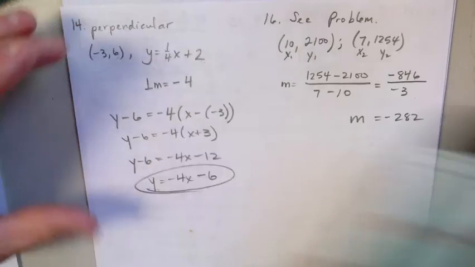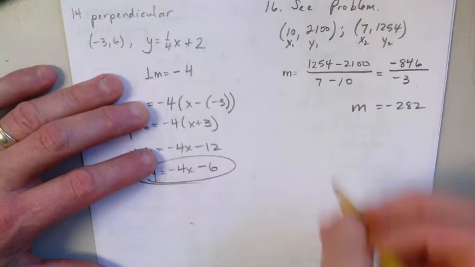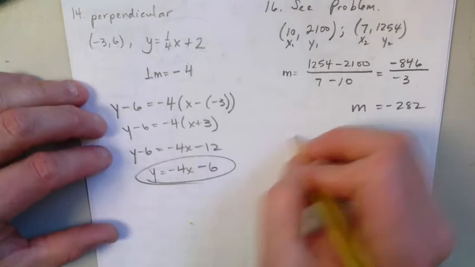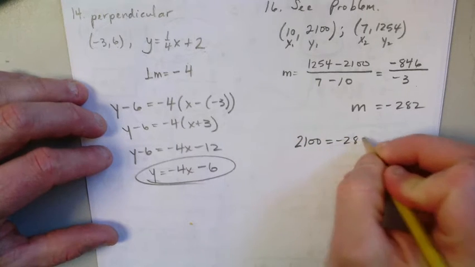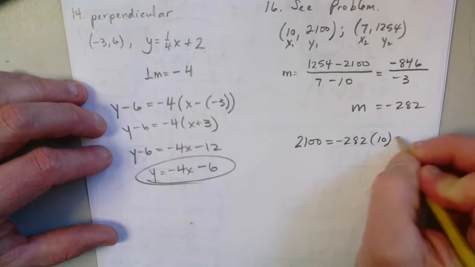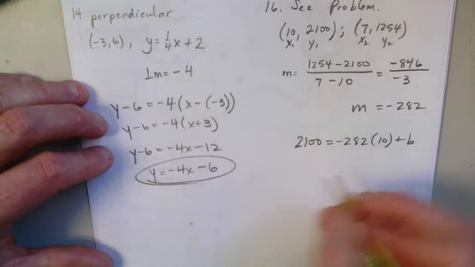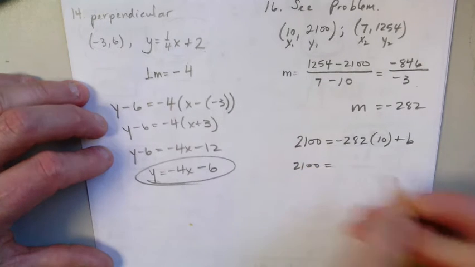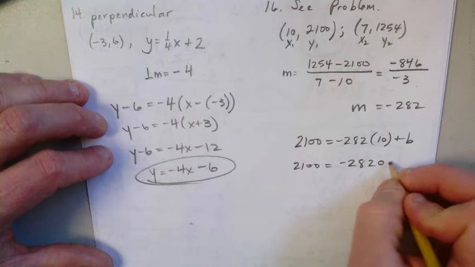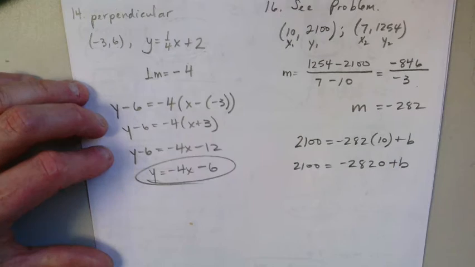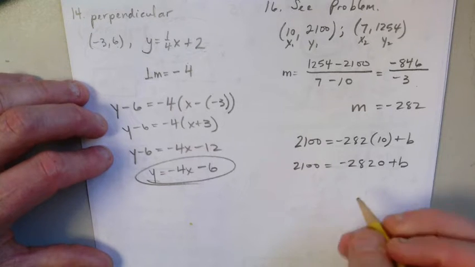Okay. Now, from there, I'm going to go ahead and apply that to one of these 2 points. I'll do it to the first one here. So I'll do y equals mx plus b. Okay. From there, 2100 equals -2820 plus b.